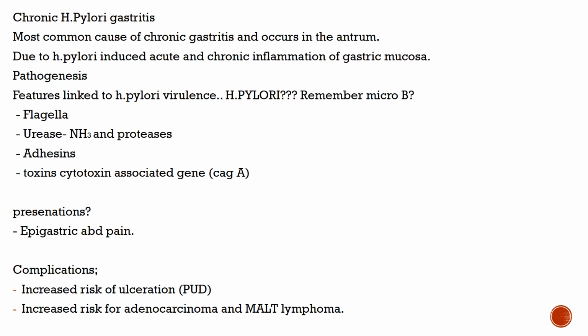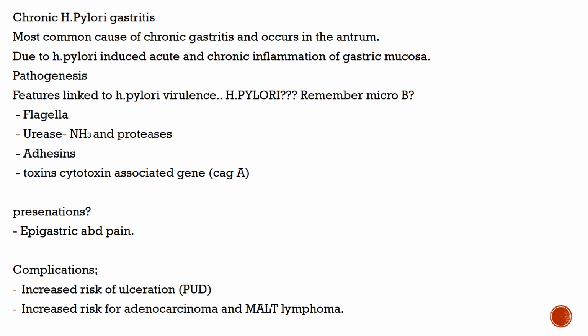Urease converts urea into ammonia. When ammonia is produced, it raises the pH of the surroundings of the H. pylori. So H. pylori uses this as a protective mechanism.